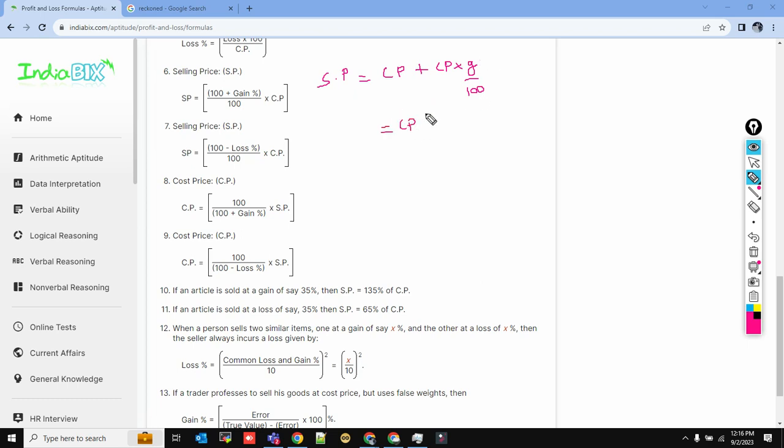So this will be cost price into 1 plus gain by 100. This is usually the selling price, right? Cost price plus G percentage of cost price.